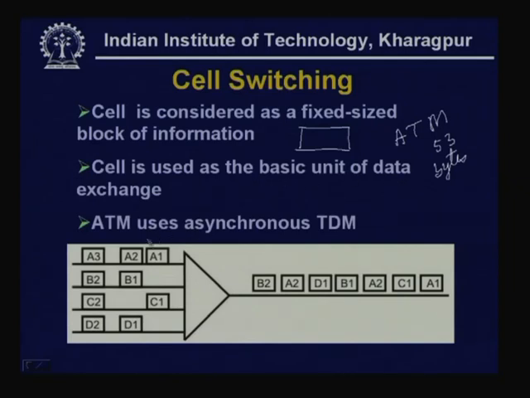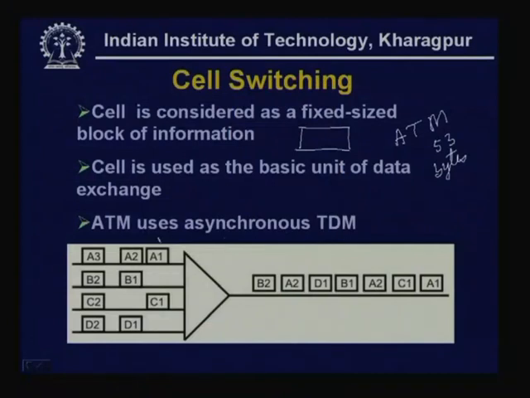Also, ATM uses asynchronous time division multiplexing. We have already discussed the limitations of synchronous time division multiplexing and how asynchronous time division multiplexing overcomes them, and that is being used in ATM.